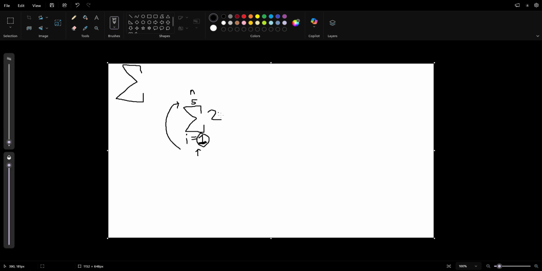So we do 2 when I is 1, plus 2 when I is 2, 2 when I is 3, 2 when I is 4, and lastly 2 when I is 5. Now this is 2, 4, 6, 8, 10, so this would just be 10, right? It's just finding the sum of all the values to the right of the sigma notation, from when I is equal to 1 all the way to when it's equal to 5.